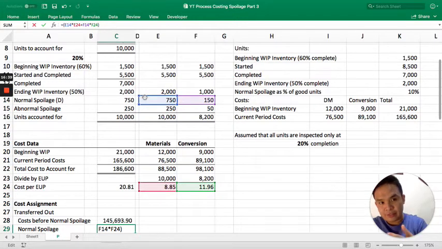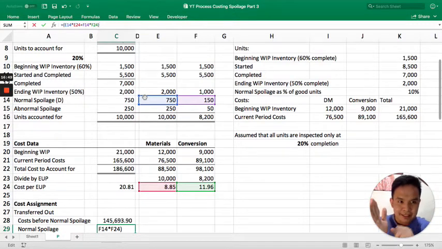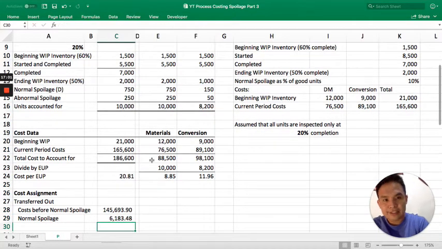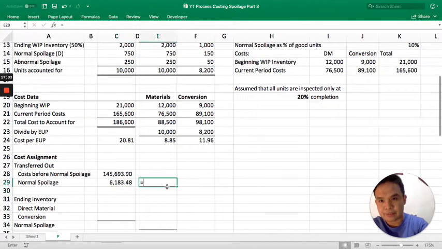So that's 7,500 na pumasa ng dumaan sa inspection. 10%, 750. Ratio natin, that ratio din. 5, 5, and 2. 5, 5 yung dumaan na from started and completed, 2 na dumaan sa inventory. So if you ratio that, that's 5, 5 over the 7, 5. Only 6,000 goes to transferred out.